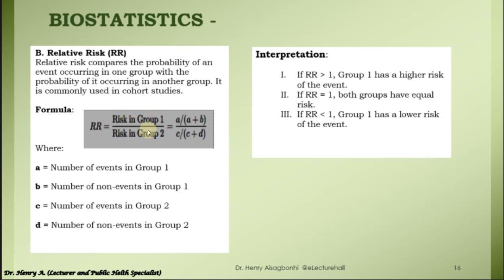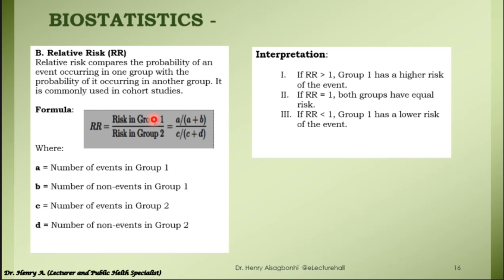Relative risk is equal to risk in group 1 over risk in group 2. Remember I told you it is this way: A, B, C, D. So you have group 1, column 1, and then column 2. You see now, category like this, category like that.